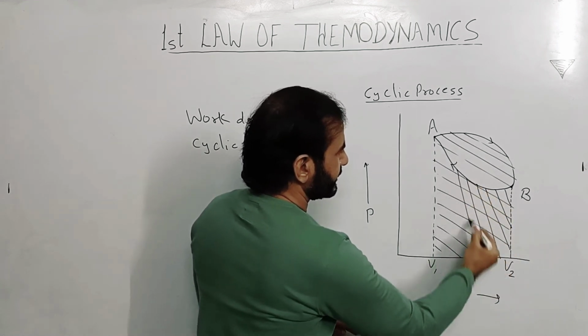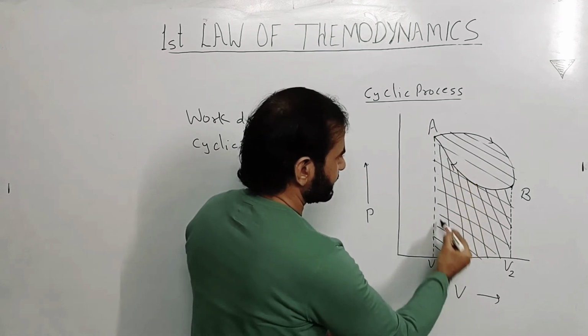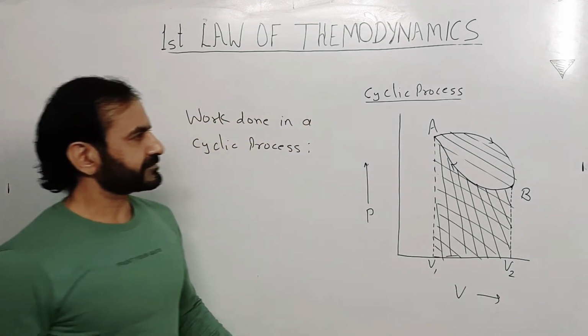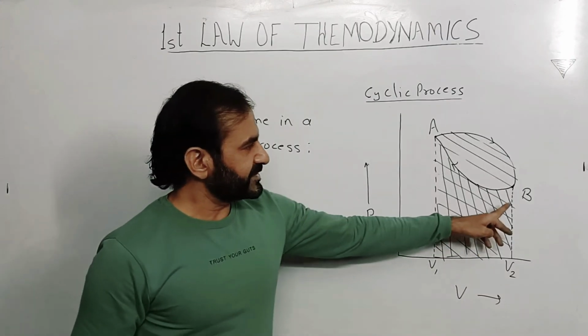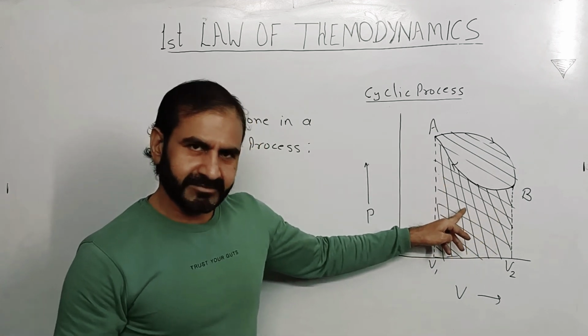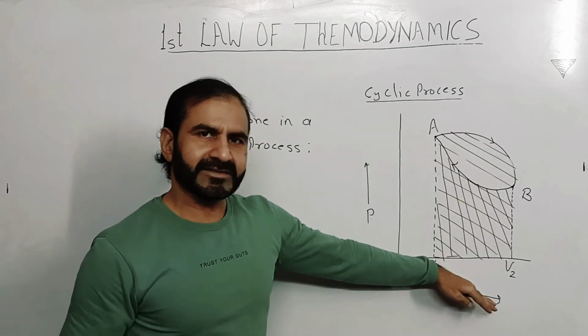This area is the work done on the system. Here work is done on the system because volume is decreasing. This checked portion is the work done on the system and this whole area is the work done by the system.